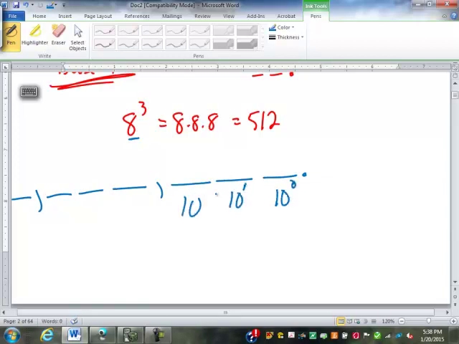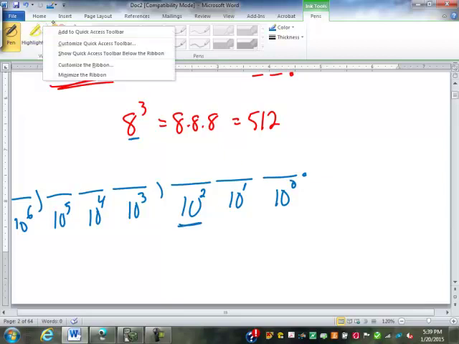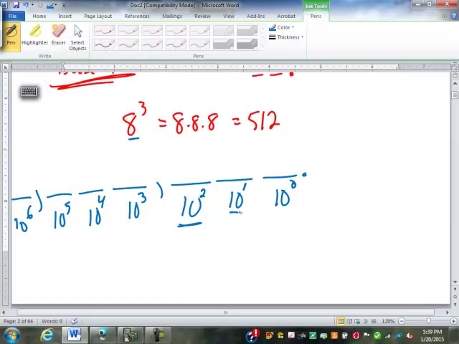It's 10 to the power of 0, 10 to the power of 1, 10 to the power of 2, 10 to the power of 3, and so on. 10 to the power of 6 is 1,000,000. 10 to the power of 5 is 100,000. 10 to the 2nd power is 100. 10 to the 1st power is just 10. 10 to the power of 0. Anybody know what that is? Well, what place value is that in? Ones. Anything to the power of 0 is 1.